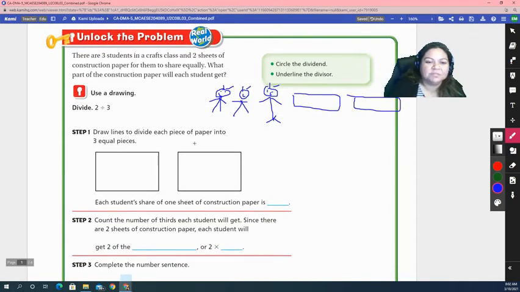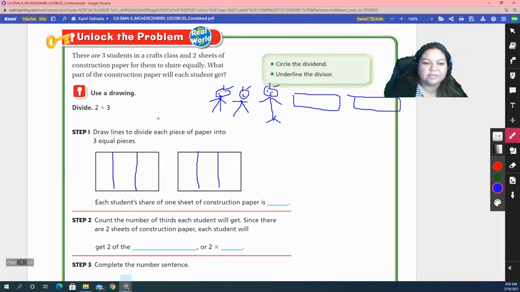Draw lines to divide each piece of paper into 3 equal parts, so that each student can get equal parts. So I'm going to divide this sheet of paper into thirds, and then the second sheet of construction paper I will also divide into thirds.